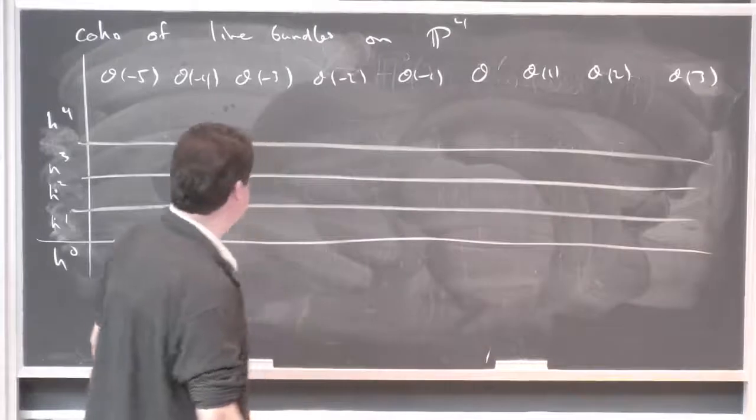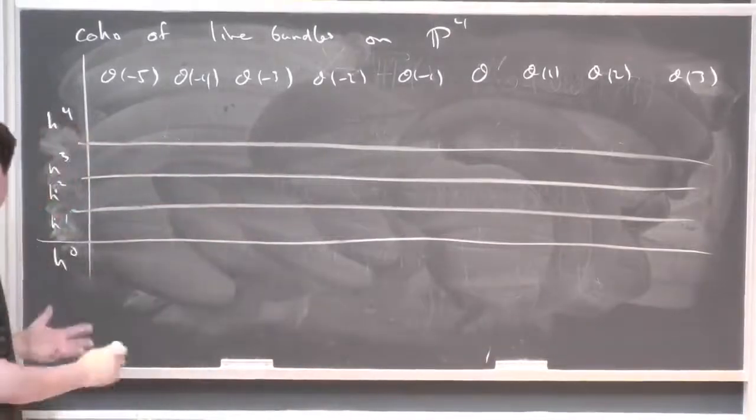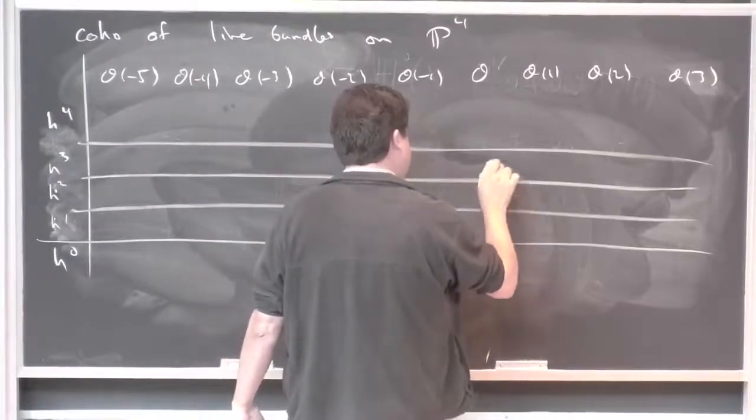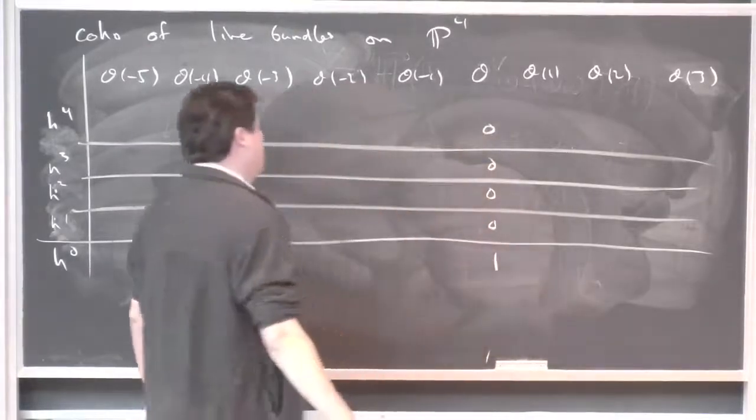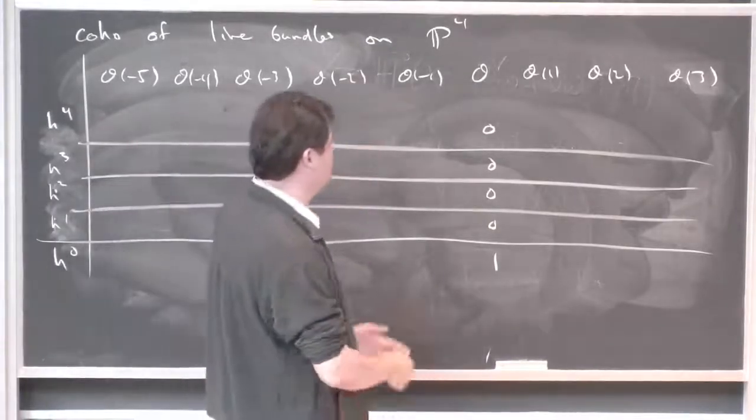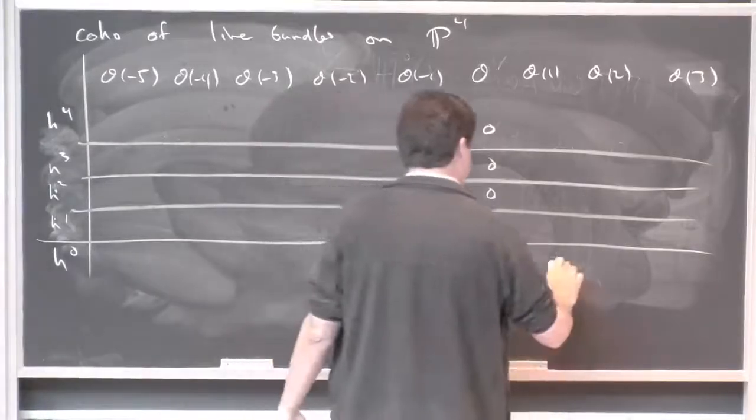Just to remind you what this looks like, so you know O is the sheaf of functions. It has one section and no higher cohomology. And O(1), its sections are the linear forms on P4, linear forms in 5 variables, so there are 5 of those.